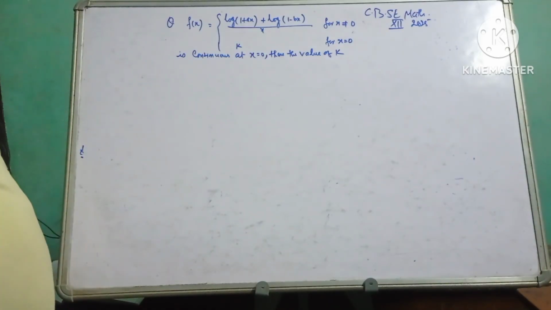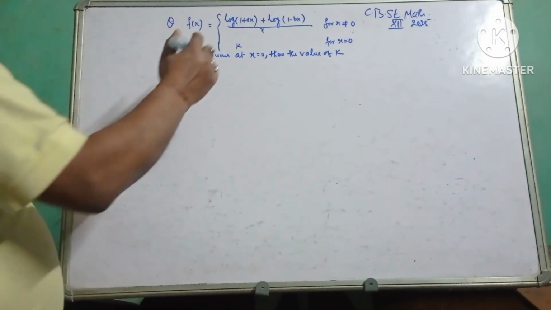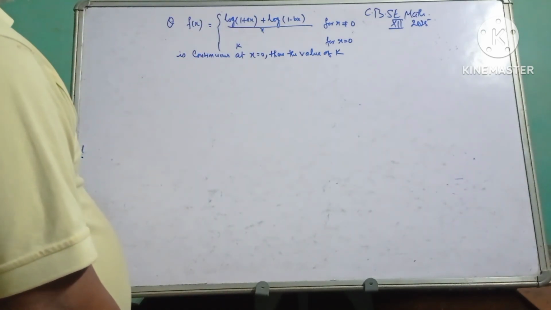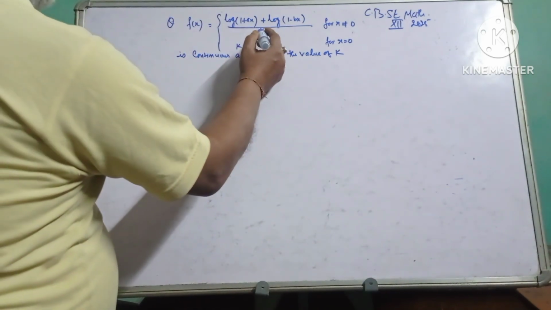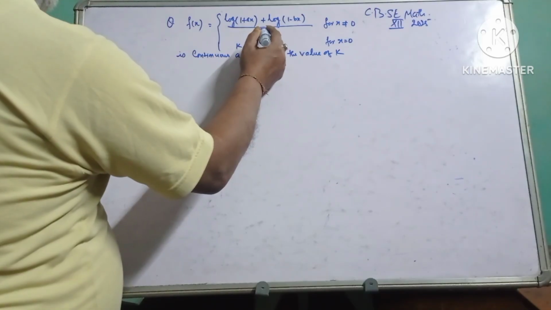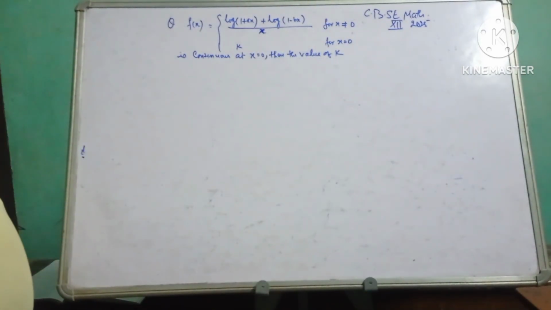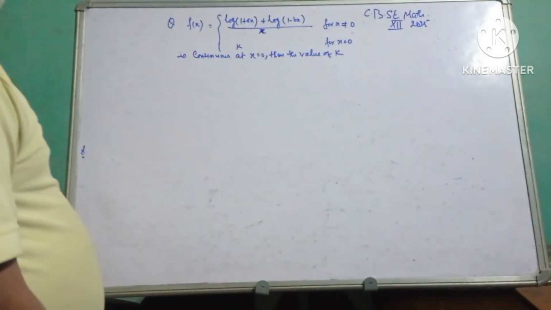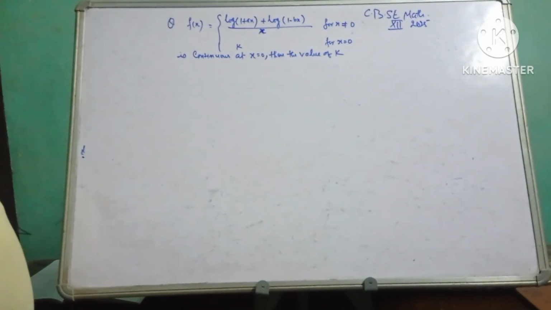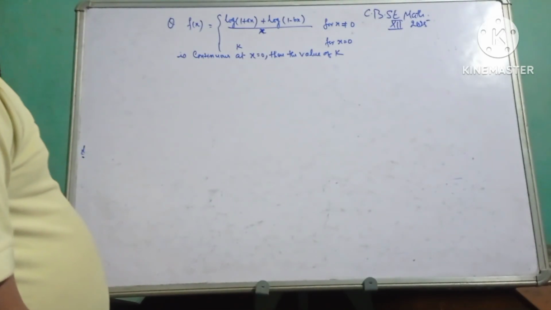The first question is this. Your f(x) is given as log(1 plus ax) plus log(1 minus bx) by x for x not equal to 0, and k for x equal to 0, and it is continuous at x equal to 0. Then you have to find the value of k.